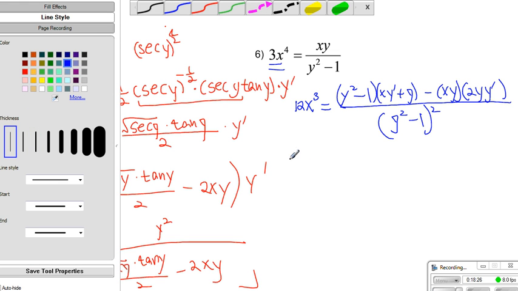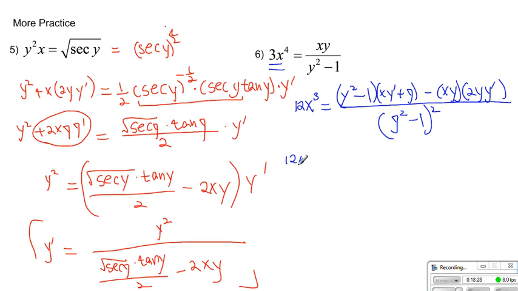So we will have 12 x cubed times y squared minus 1 squared, and here the first term becomes x y squared by multiplying this term to this one, or maybe I try to put them together, or maybe I just leave it in that way.